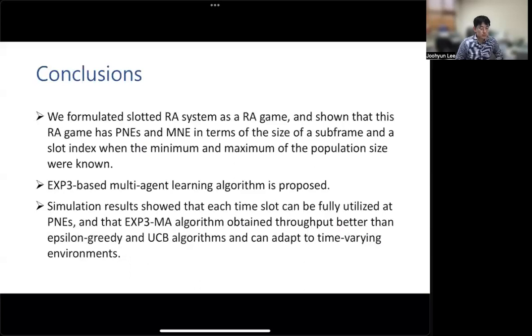Our simulation results show that each time slot can be fully utilized at pure strategy Nash equilibrium, which can be achieved by our EXP3 algorithm with high probability. This EXP3 algorithm is better than epsilon greedy and UCB in our simulation. And we also showed that our algorithm can adapt to time varying or non-stationary environments with moving average reward.